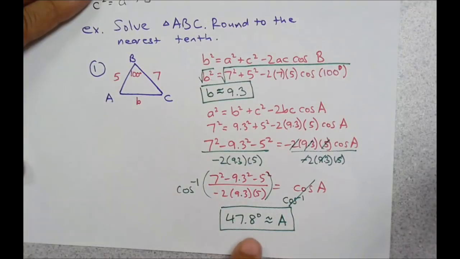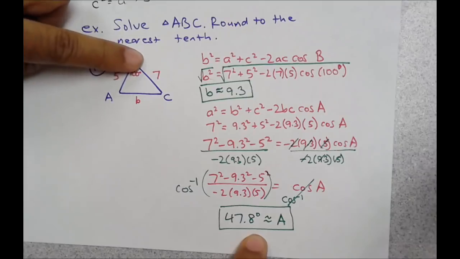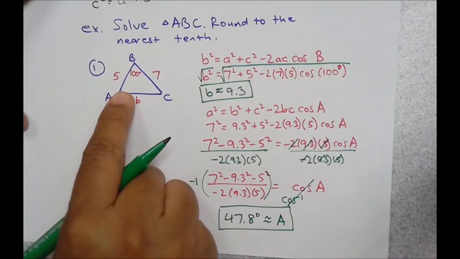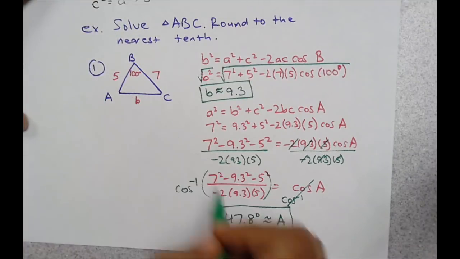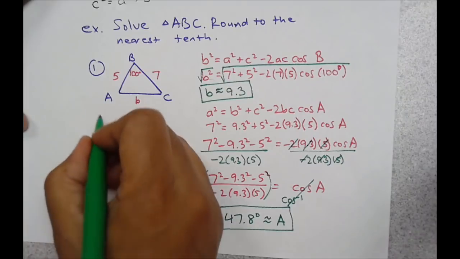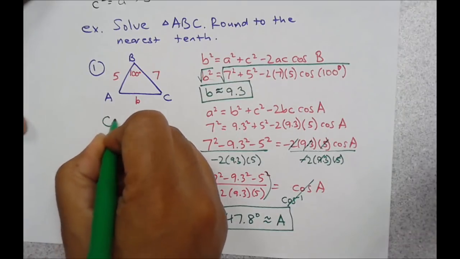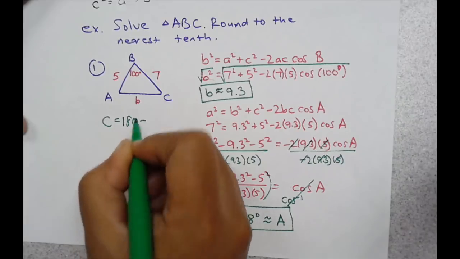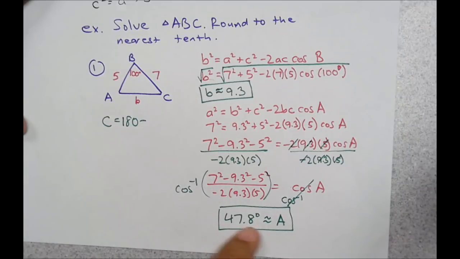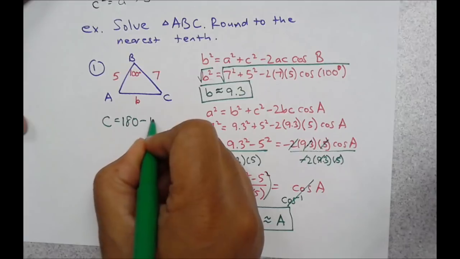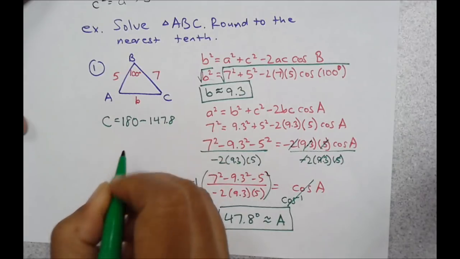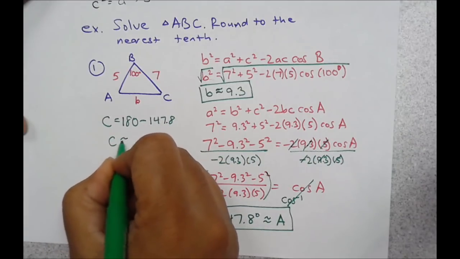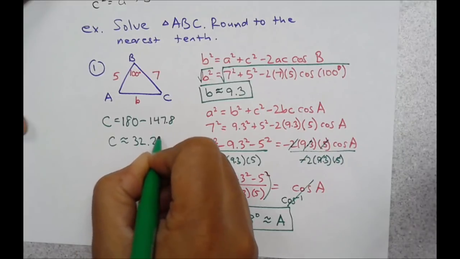Well, if I have angle A now, and I had angle B, I can solve for that last missing angle, because all you need to do is subtract these two from 180 degrees. So to solve for angle C, I'm just going to subtract from 180 the 100 and the 47.8, so 147.8 I'm subtracting, which gets you angle C as being approximately 32.2 degrees.